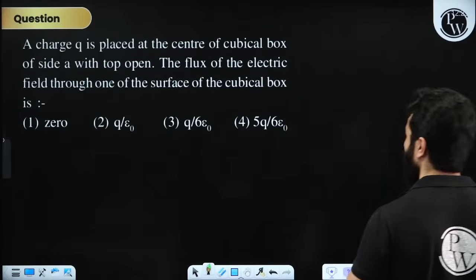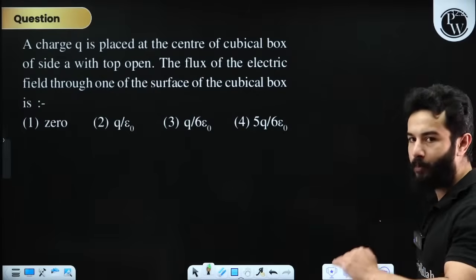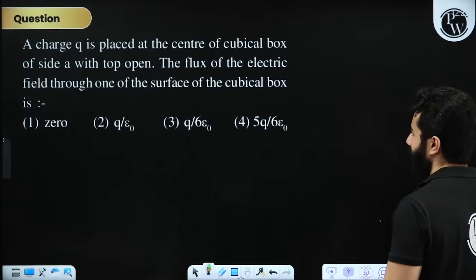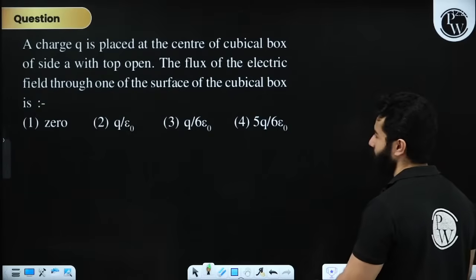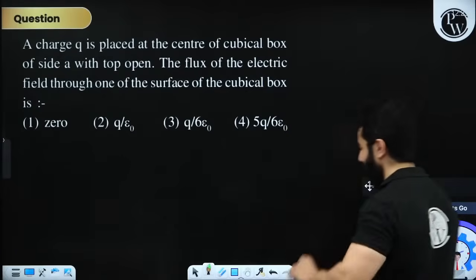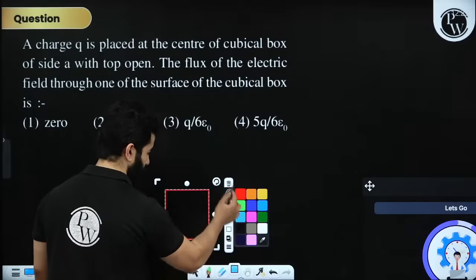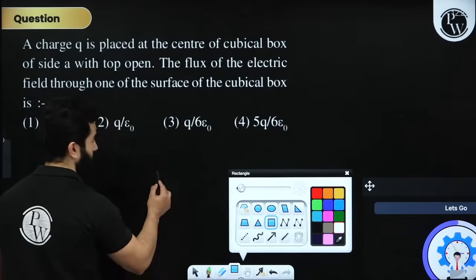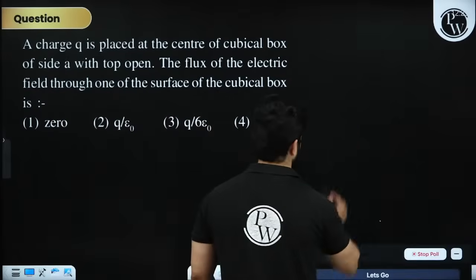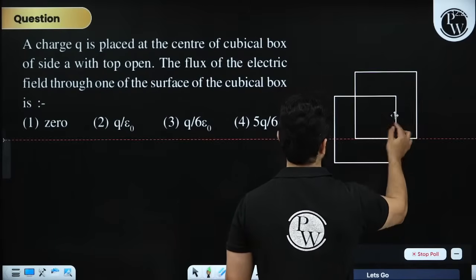A charge small q is placed at the center of a cubical box of side A with top open. The flux of the electric field through one of the surfaces of the cubical box is... let's start, 60 seconds, let's begin. What they are trying to say is that you have got a cubical box, let's say something like this.